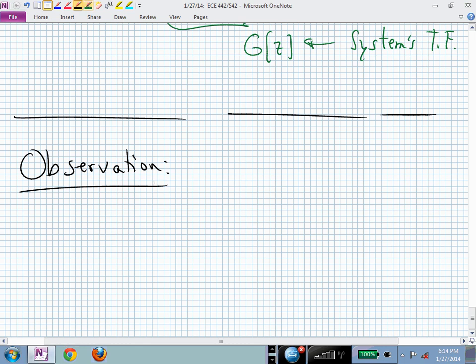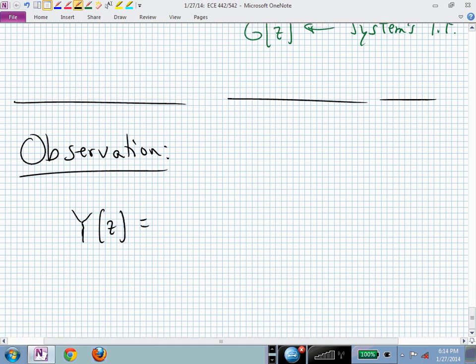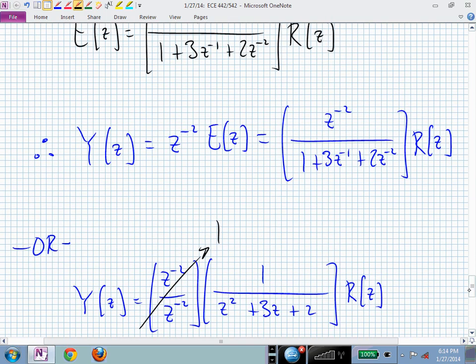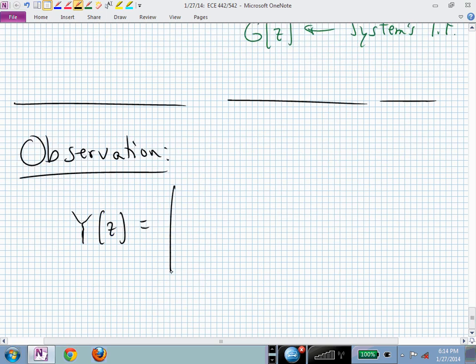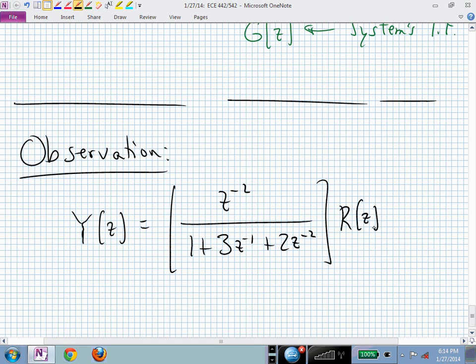Since we are going to be doing this in a computer, let's use the first form of that transfer function that's written in terms of delays, z to the minus 1s and z to the minus 2s in the frequency domain. We now know that y of z is this z to the minus 2 times 1 plus 3z to the minus 1 plus 2z to the minus 2 times r of z.